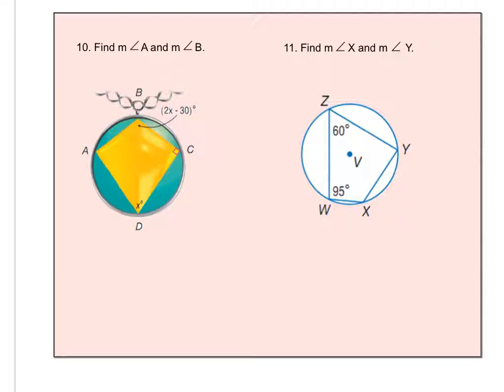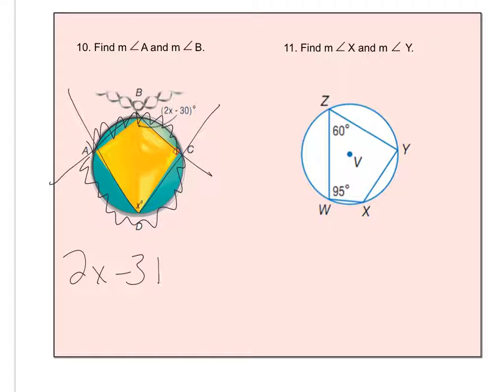So if I look, figure out A and B. Well, this intersects this arc. This guy intersects this arc. So 2x minus 30 plus x has got to add up to 180, because between the two of them, they have the whole circle covered. All right, so that's going to be 3x minus 3 equals 180.